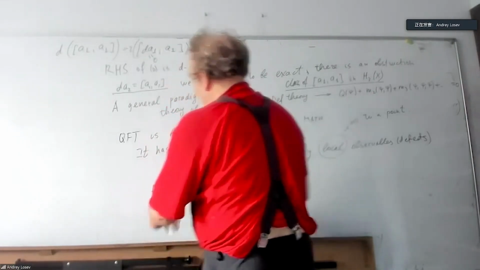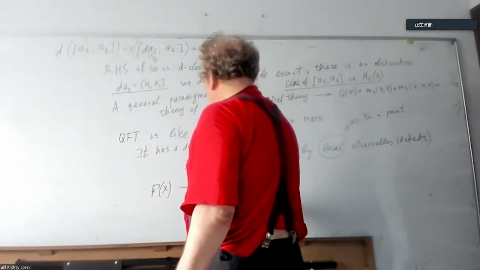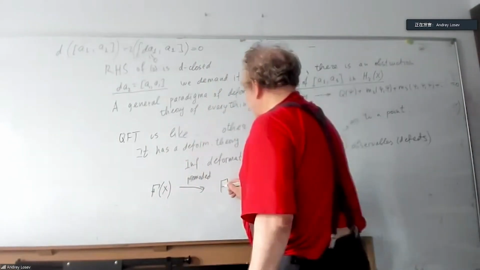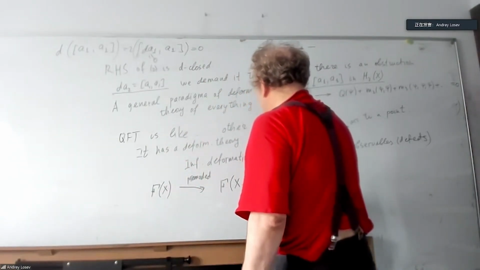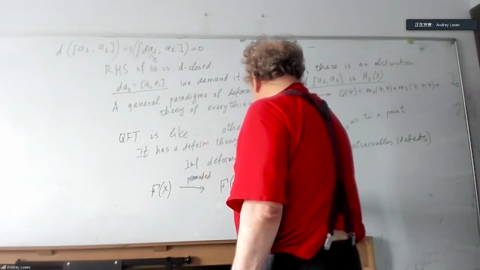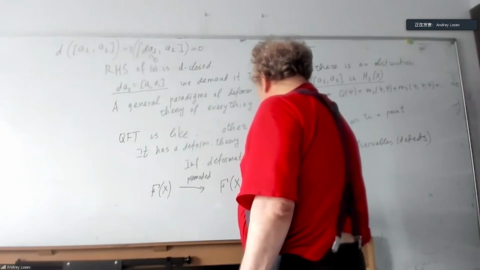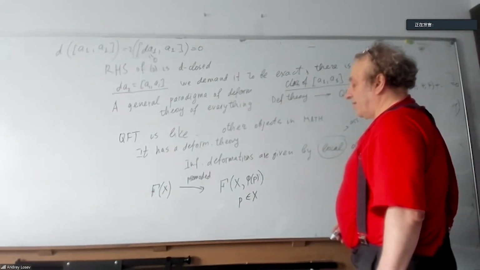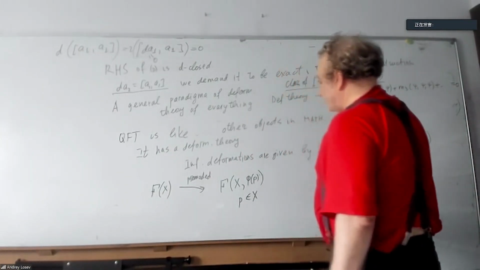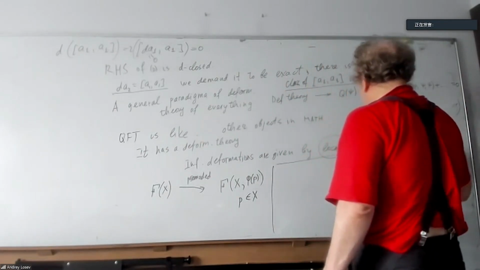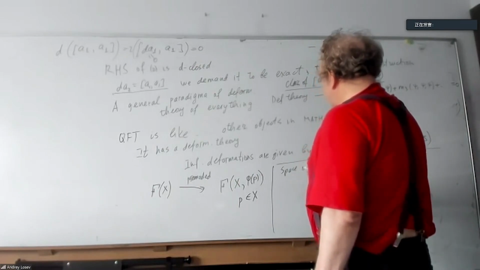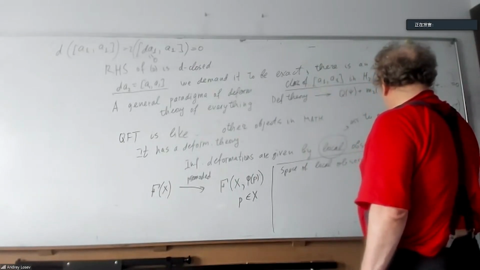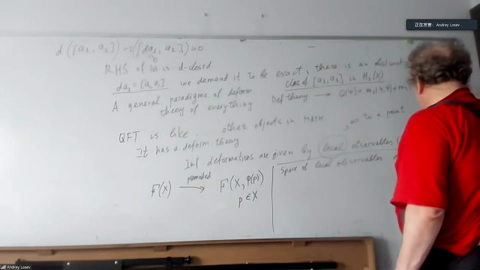So we moved from functor applied to X, it is promoted to functor, and here we have X and here we have pi at point P, where P is a point in X. Now, space of local observables are deformations.